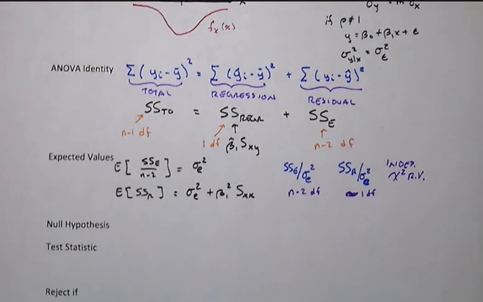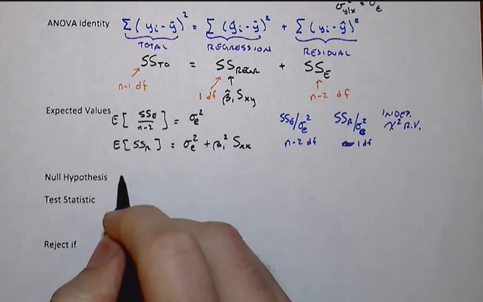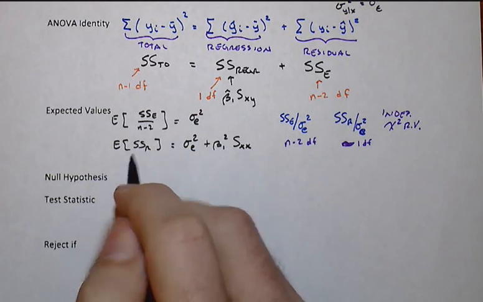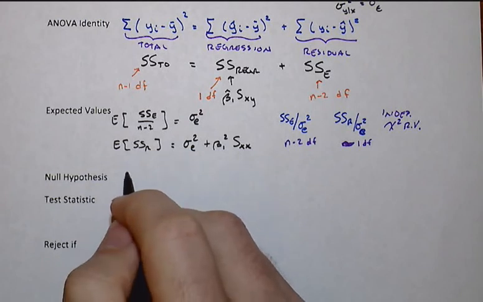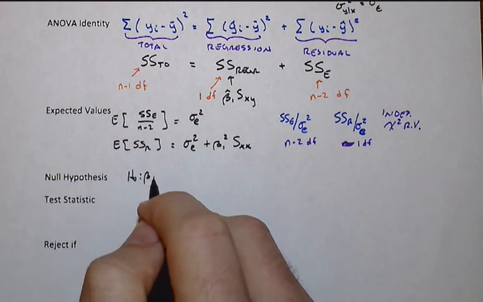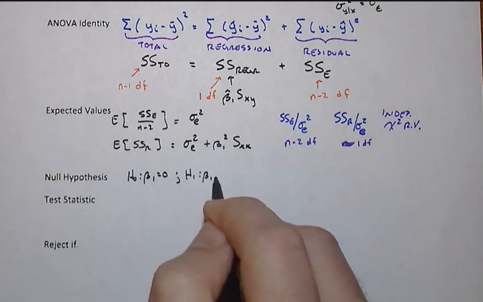Now, to get there, to define what the actual null hypothesis is is kind of a little goofy and weird. We got to go back to where we were really looking at this, and that was test for significance of regression, and if beta 1, the slope, was equal to 0, then we would conclude that, gee, we don't have any linear relationship. So our null hypothesis is really associated with beta 1 equaling 0, our alternative hypothesis being that it's not.